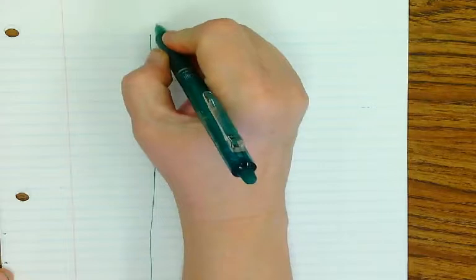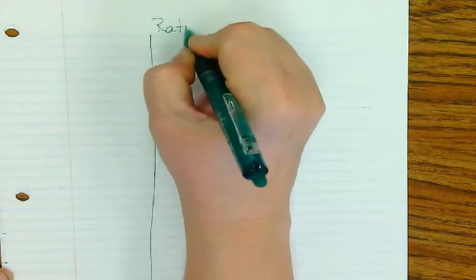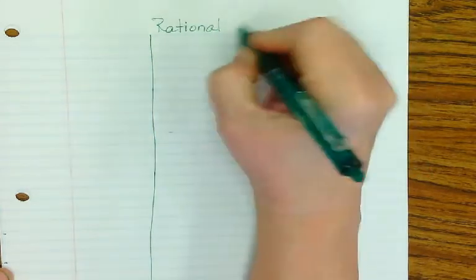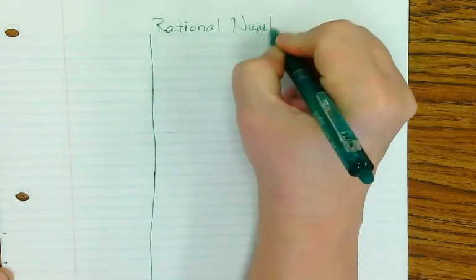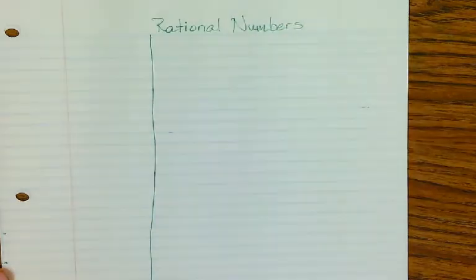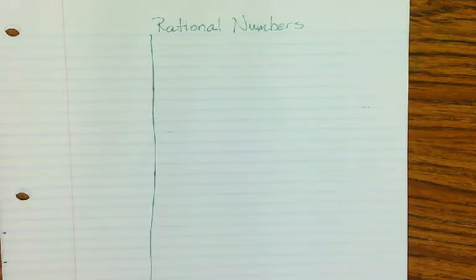Lesson 1, we're talking about rational numbers. Okay? The way I think of rational is it's a number that makes sense. Rational is something that makes sense. Irrational doesn't make sense.